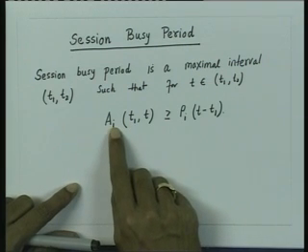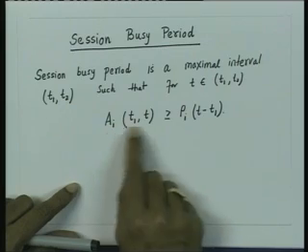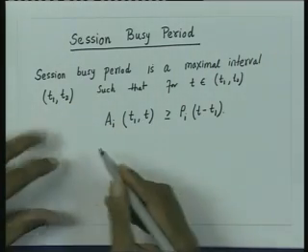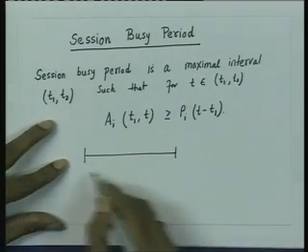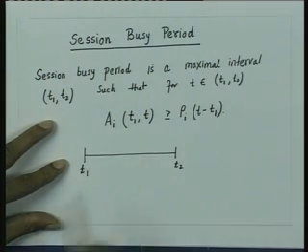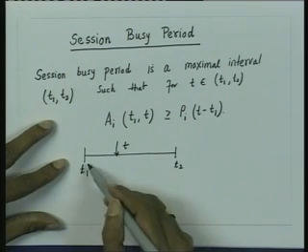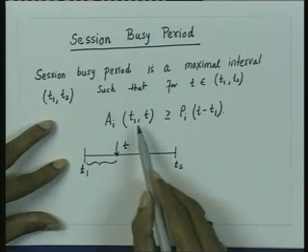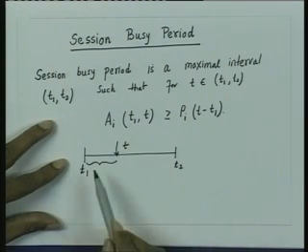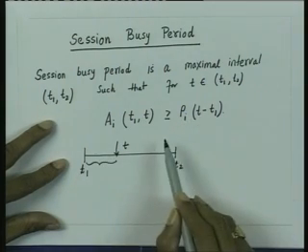It means that the number of arrivals which have occurred during the interval t1 to t2... Okay, so the session busy period starts here at t1 and we are saying that it ends at t2. Now t is a time within this interval. It says the number of arrivals during this interval is always greater than or equal to rho_i times (t minus t1).